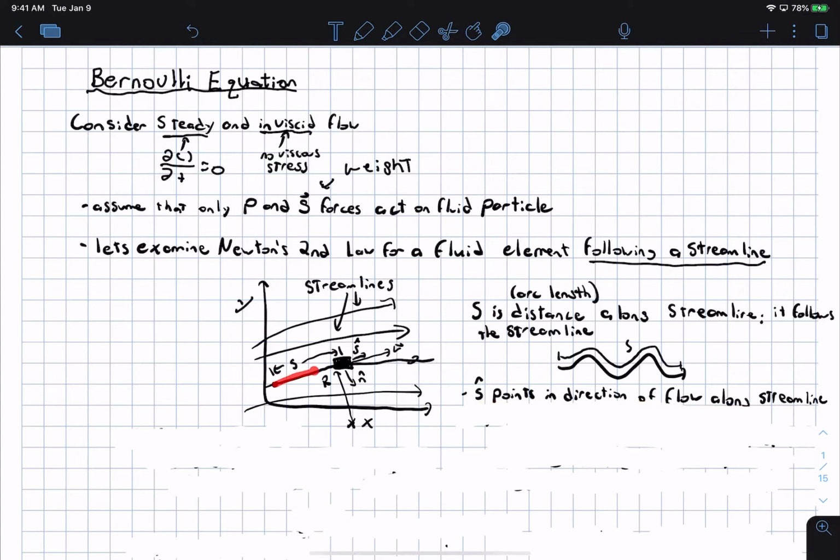So if s is just the distance along the streamline, s hat is the unit tangent vector of the fluid element on the streamline.